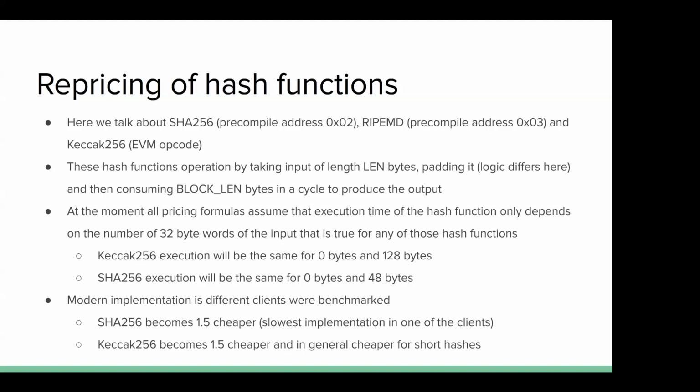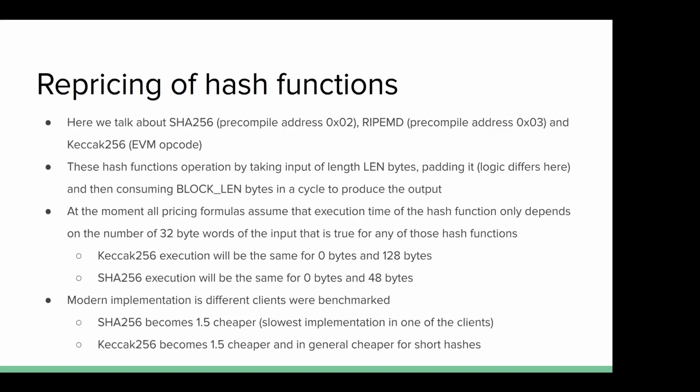And then the hash function starts to take a block length from this padded input and starts to mutate internal state to produce the output at the end of the day. So those functions depend not on the length of the input, but first of all on the padded length of the input, and then on how many chunks of specific lengths this padded input will take.